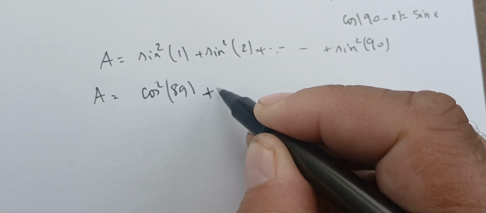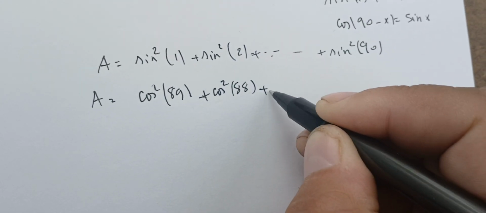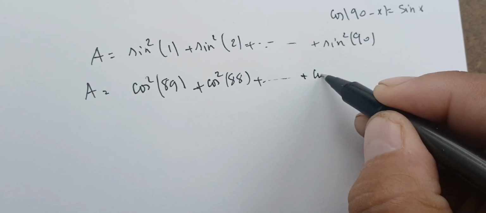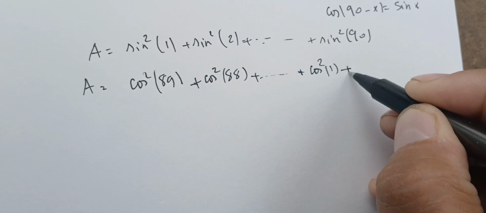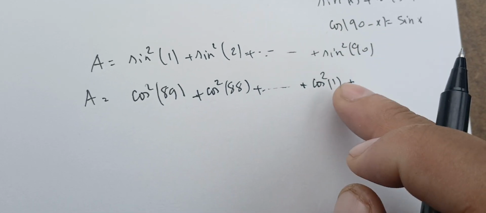The next one is cosine squared of 88, and I keep going until the one before the last, which is cosine squared of 1. This one comes from 90 minus 89.